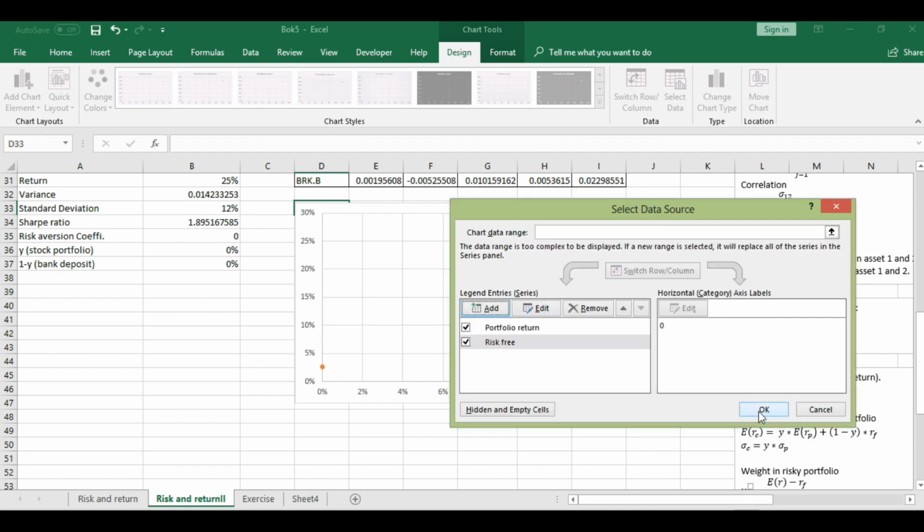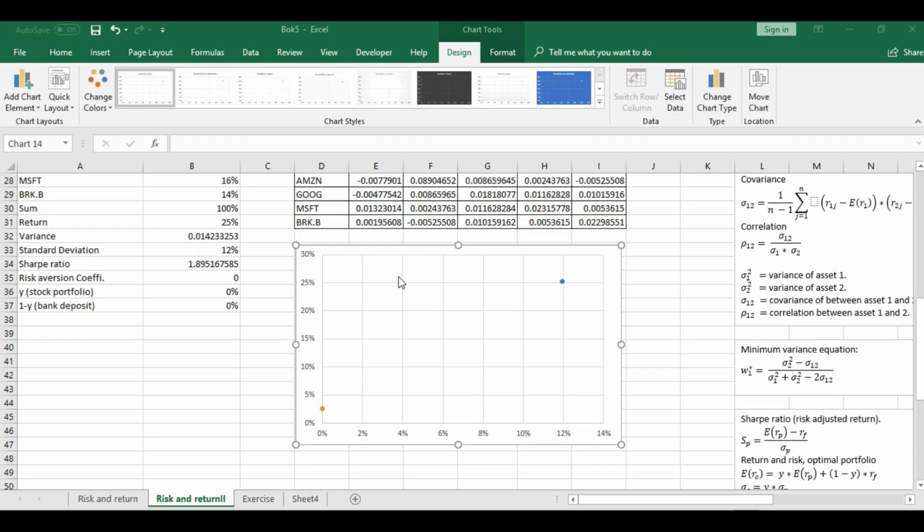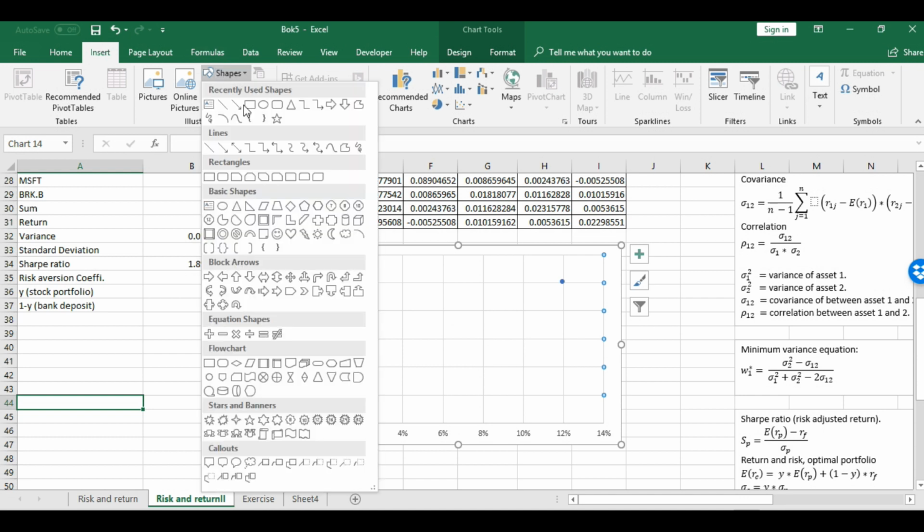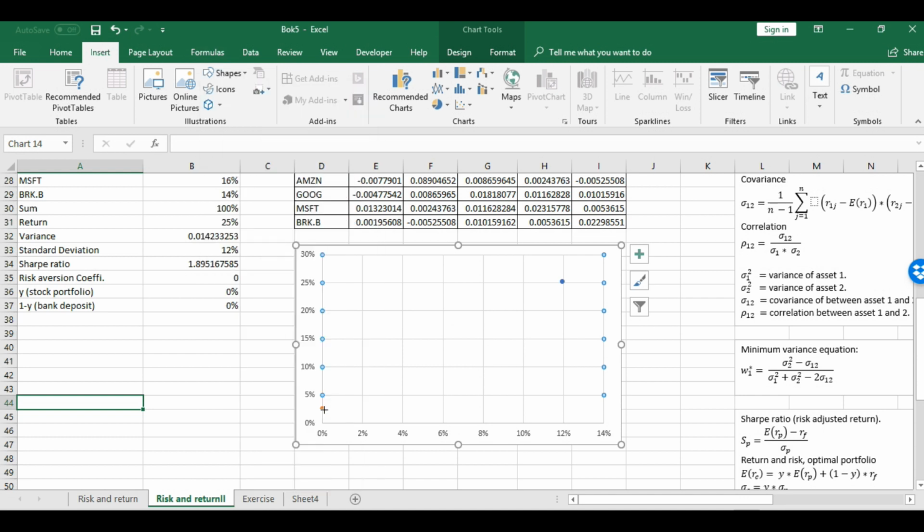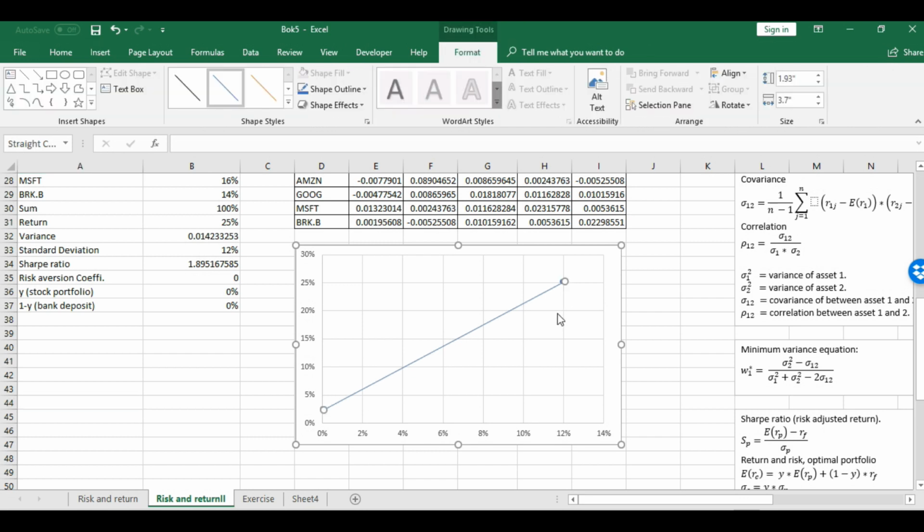Okay, there. We will make a line between these 2 points. So insert shapes, this one. There. This is the capital allocation line. It shows the extra return from the risk-free rate the more risk you take.